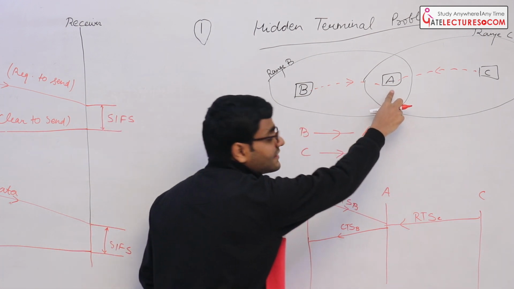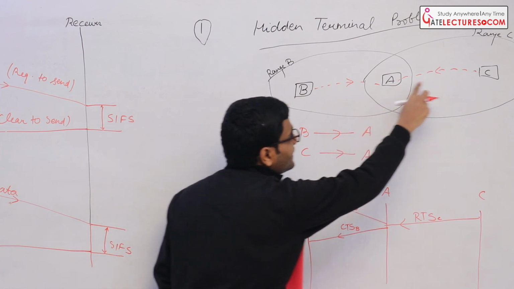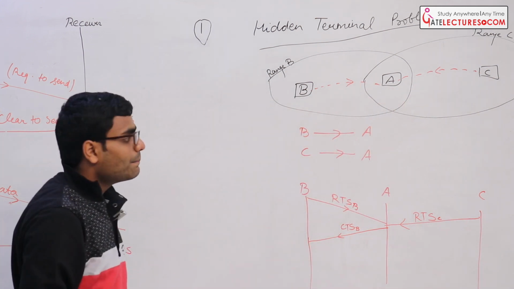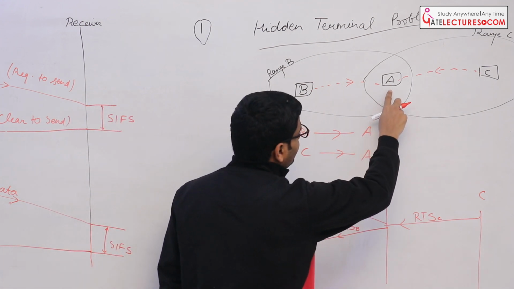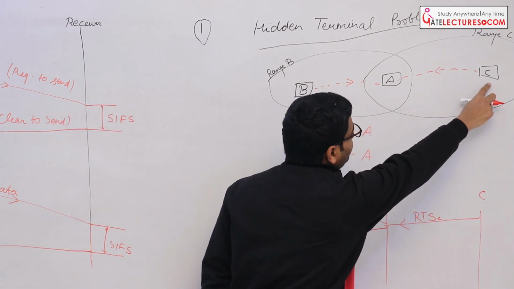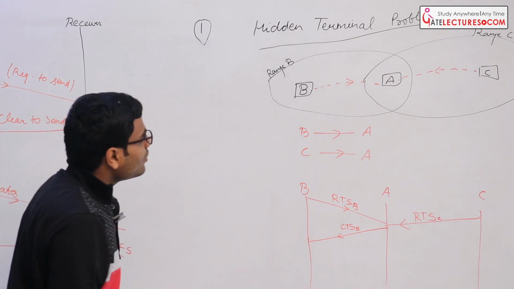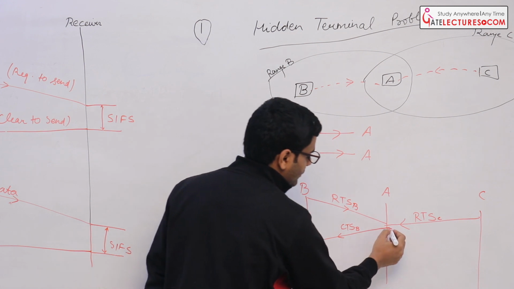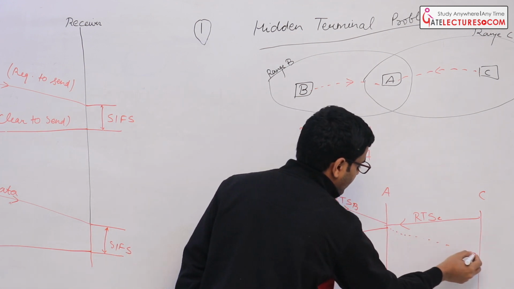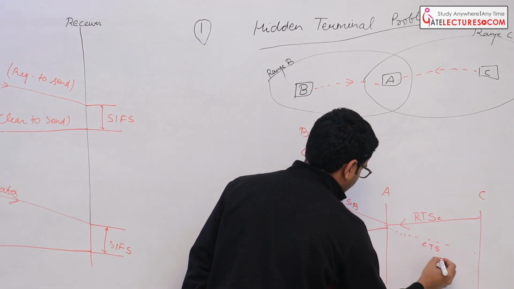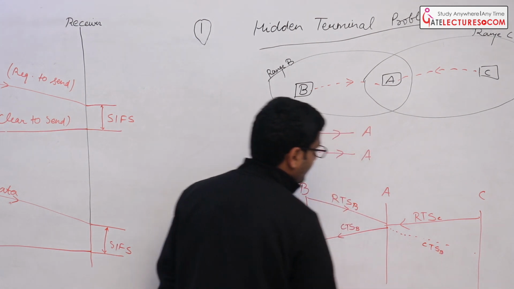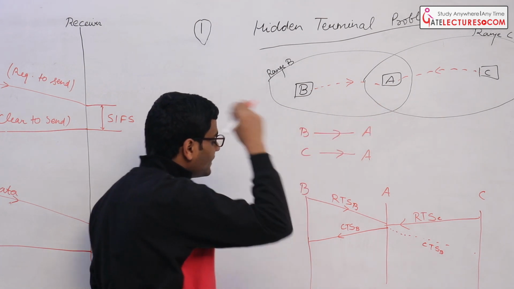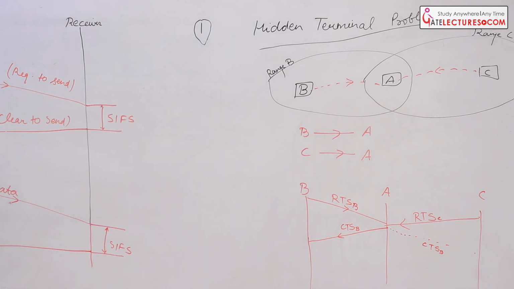But when A sends its CTS signal to B, C is also in range and can listen to that signal.